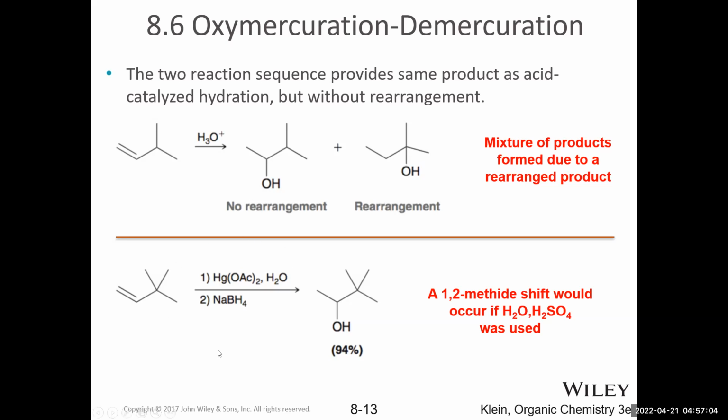With oxymercuration-demercuration, we're able to get Markovnikov hydration without rearrangement. So no shift is occurring, and that means we only get one product, which is an advantage for synthetic chemists.